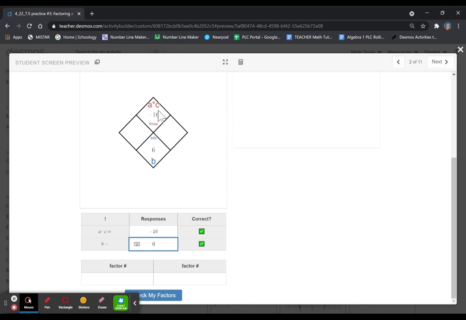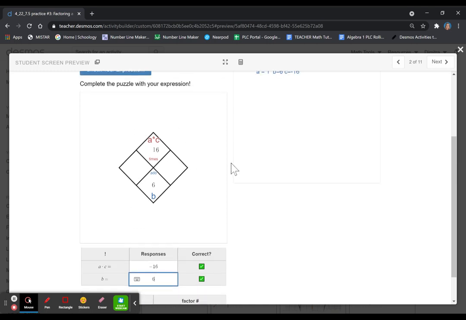Since A times C is negative 16, we're going to need a positive number and a negative number to multiply together. And since B is positive 6, we want the bigger number to be positive. So let's start finding our factors.